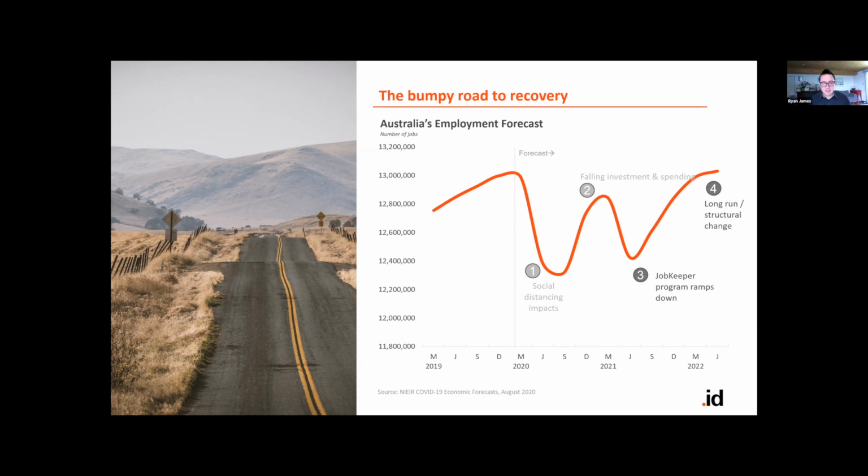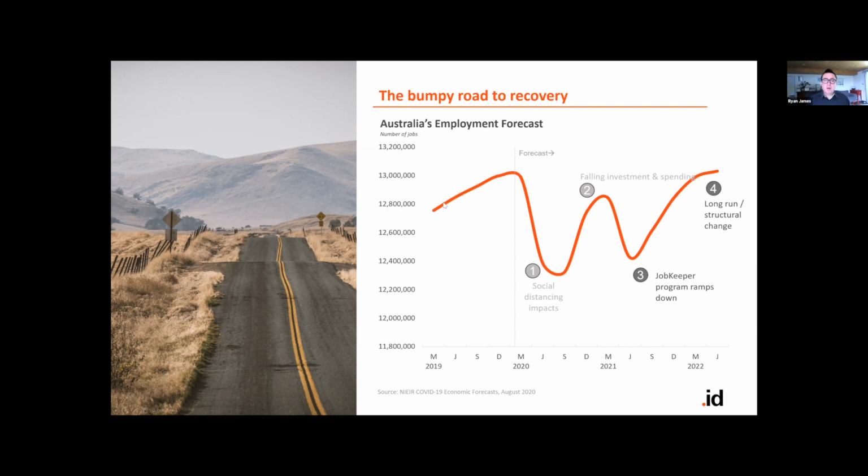I know obviously there's personal experience that way outweighs some of these economic impacts. But the social distancing has had an immediate and significant impact on Australia's economy. So this orange line falls off a cliff. This is sort of historic data at this stage because we're between this S and this D right now.